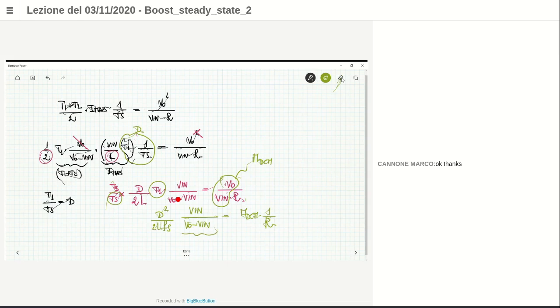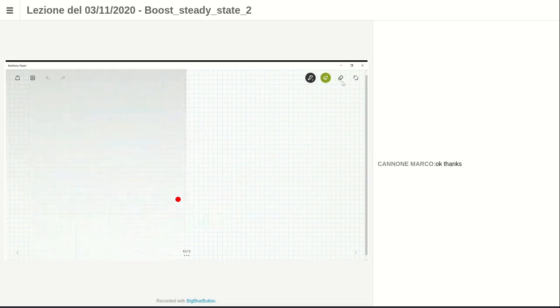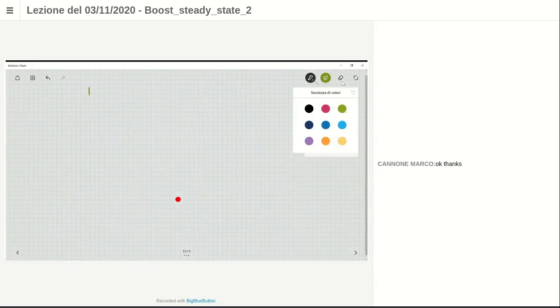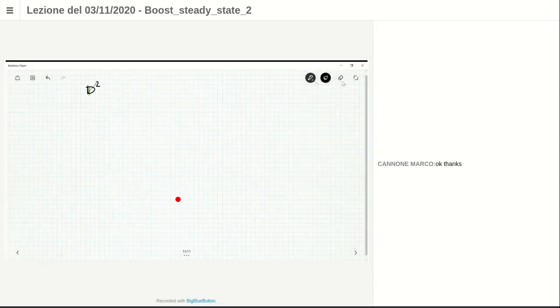For example, if in this ratio I divided by V in, I can have D square over QLFS, multiply Vn over Vn is 1, V naught over Vn is m dcm minus 1, and then I have m dcm over r.